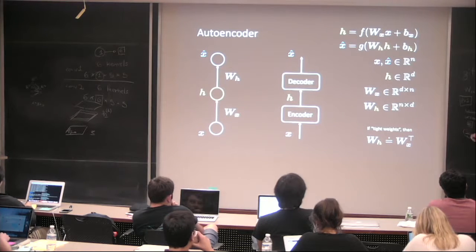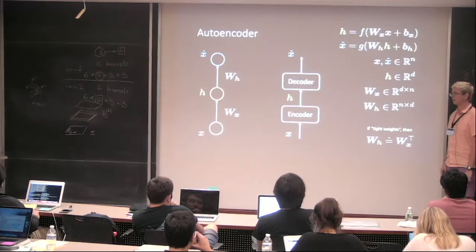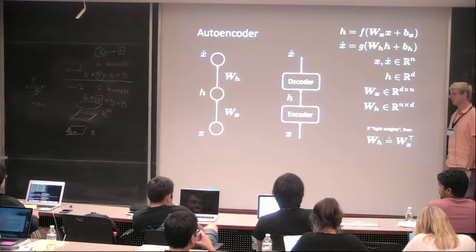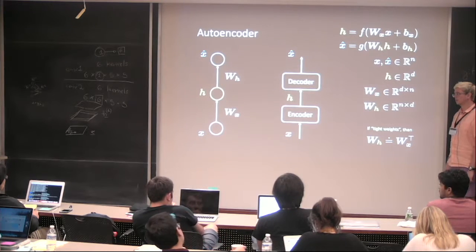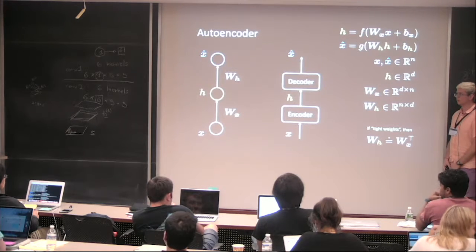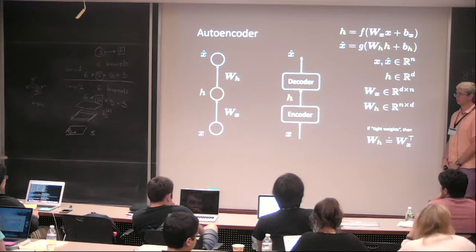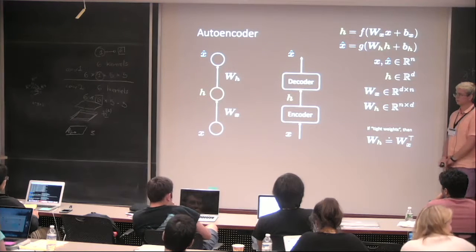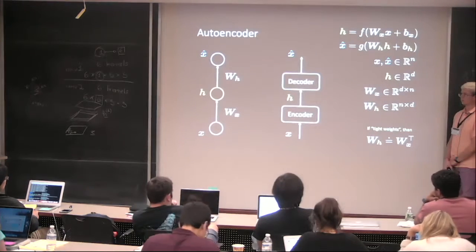All right, so let's go on. There should be some other argument which uses this property, not just fewer parameters, because you are taking matrices which are transposes of each other, so it has some other mathematical properties.